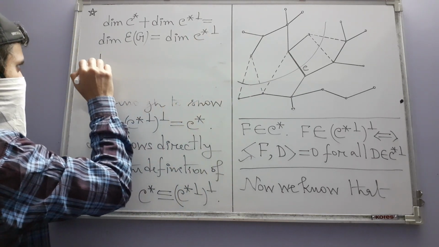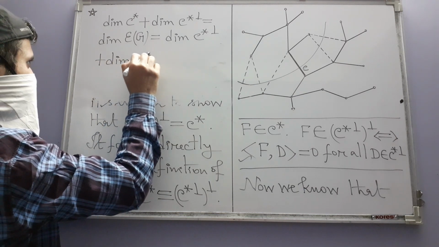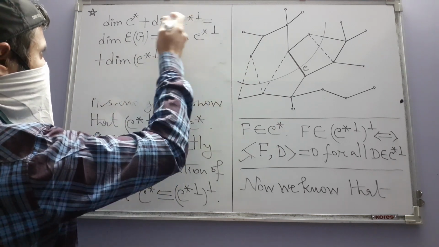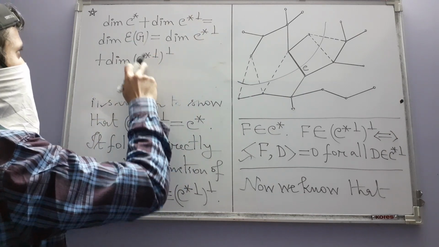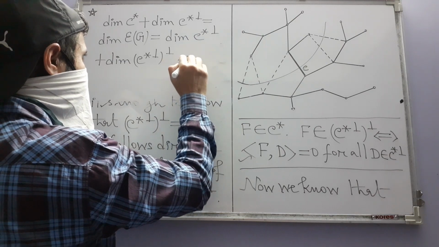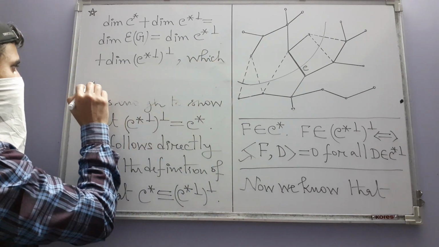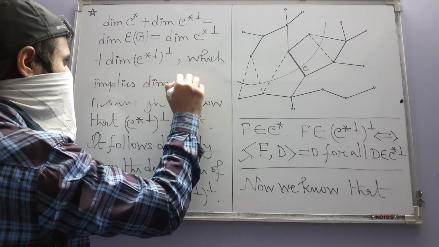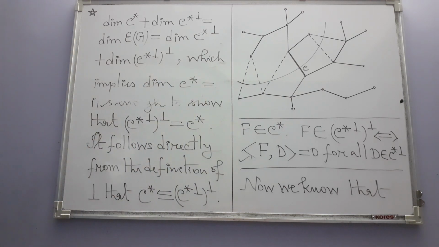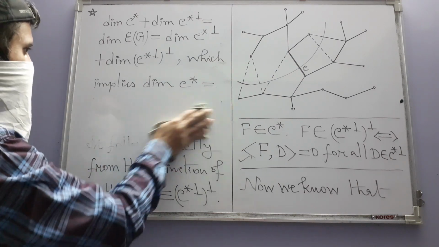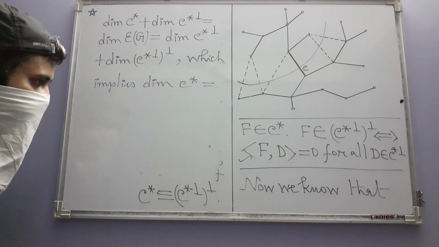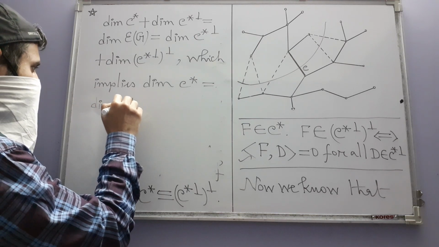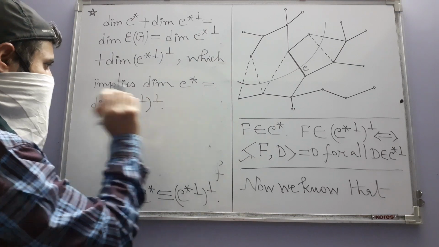Plus this, and which you can clearly see if you cancel this from both sides, you get these two dimensions to be equal, which implies that the dimension of the cut space is equal to the dimension of the orthogonal complement of the orthogonal complement of the cut space.